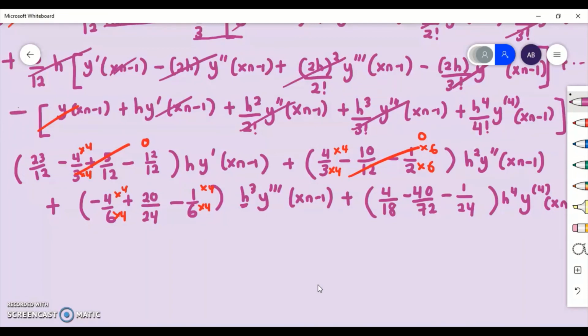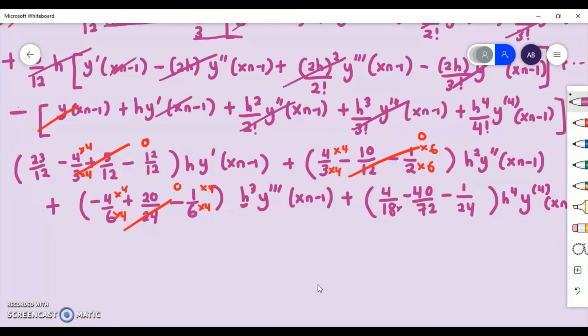So it should be negative. Then it cancels out. Always check, because we know that the Taylor series expansion will leave only one term involving h to a given power. So this term cancels out. Finally, that leaves you with the term involving h to the power 4.